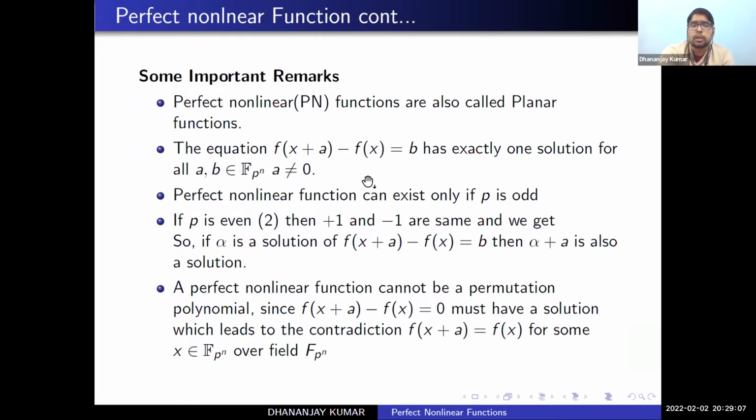And it is very interesting to note that perfect nonlinear functions can exist only over a field of odd characteristic, because if the field is of even characteristic, meaning p is 2, then plus 1 and minus 1 are the same in that field, and in this case if alpha is a solution of f(x plus a) minus f(x) equal to b, then alpha plus a is also a solution.